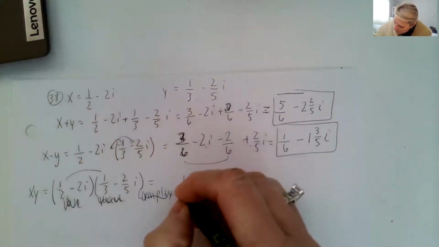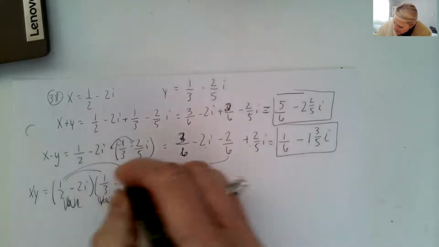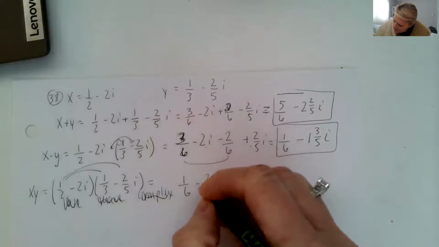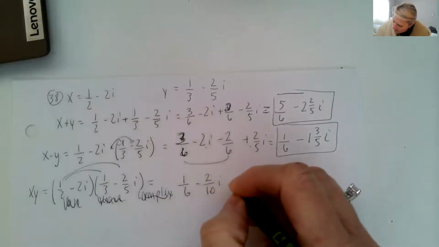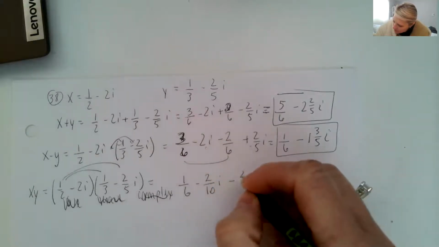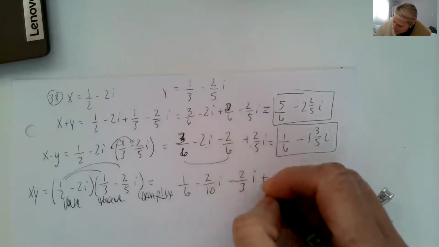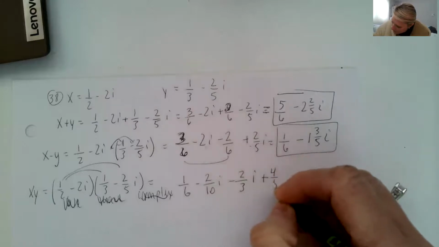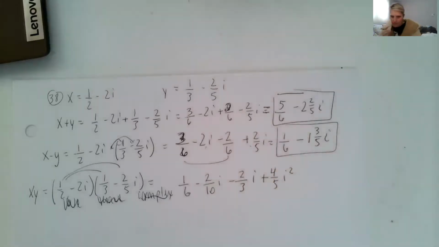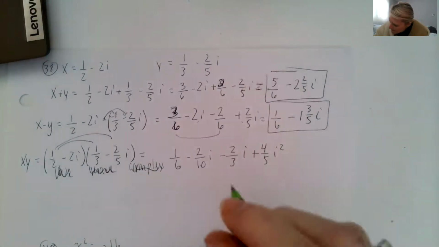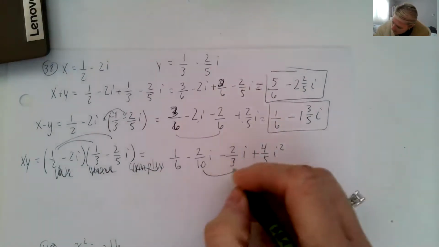So we have 1/6 minus 2/10 i minus 2/3 i plus 4/5 i squared. So i's in the middle.